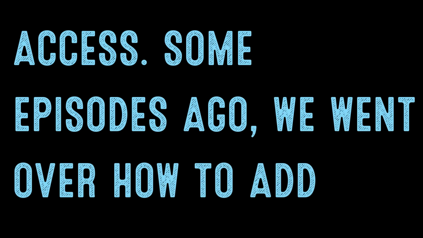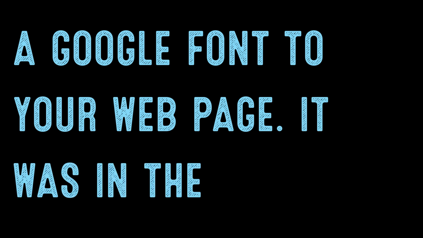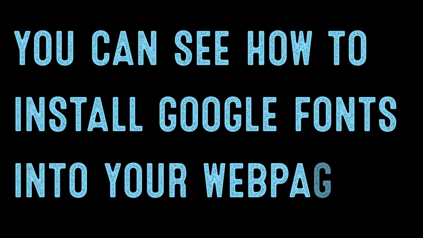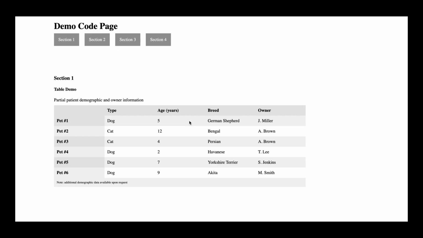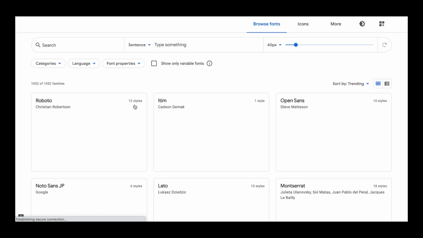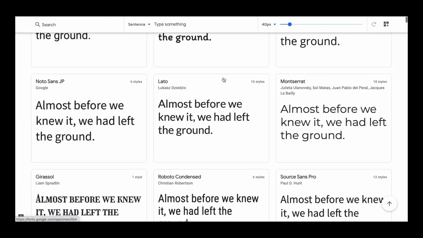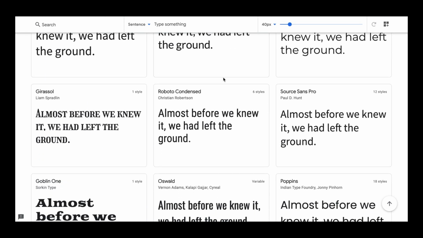Some episodes ago, we went over how to add a Google font to your web page. It was in the context of the demo page we created. We will review it here so you can see how to install Google fonts into your web pages, rather than having it pick whatever font it finds. So if we go to Google Fonts, you have all sorts of different fonts that you can choose, and you can choose whichever font you like.